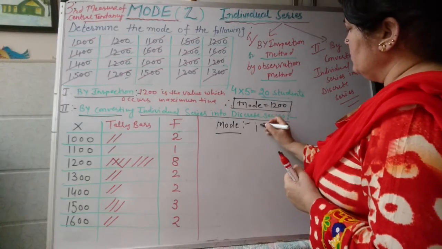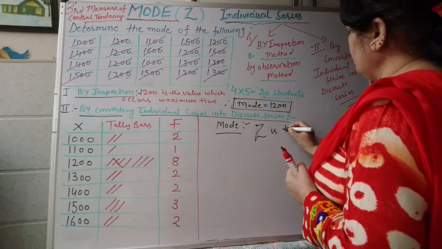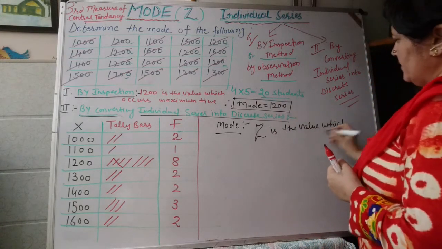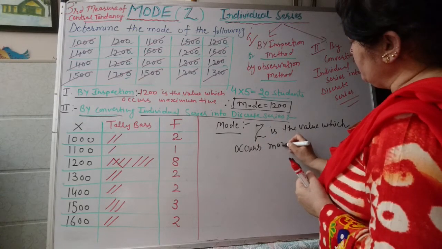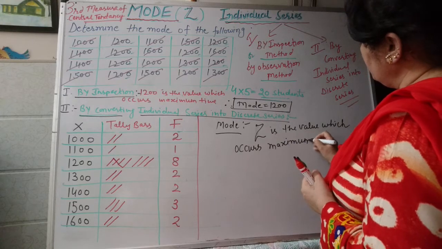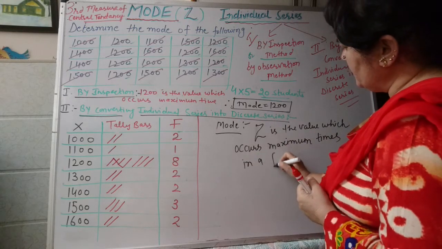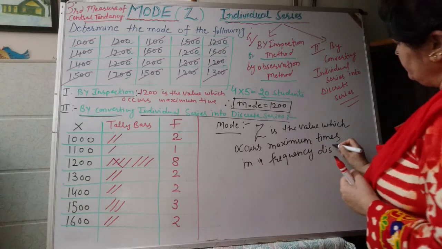Mode or Z. Mode is the value which occurs maximum times in a frequency distribution.